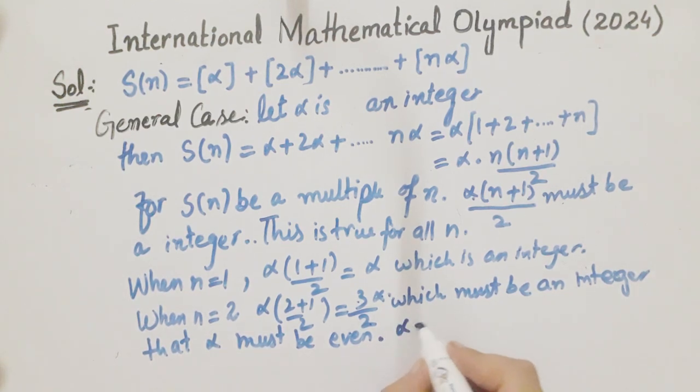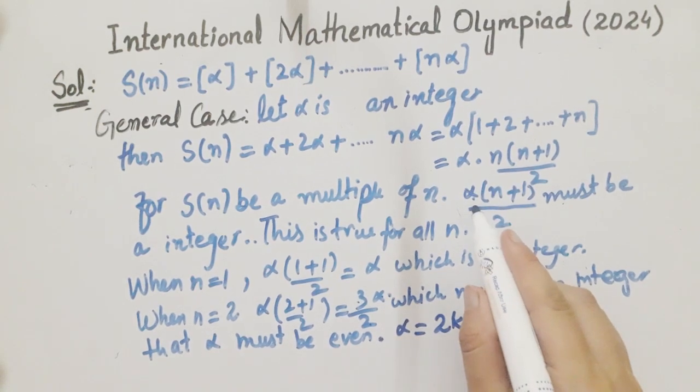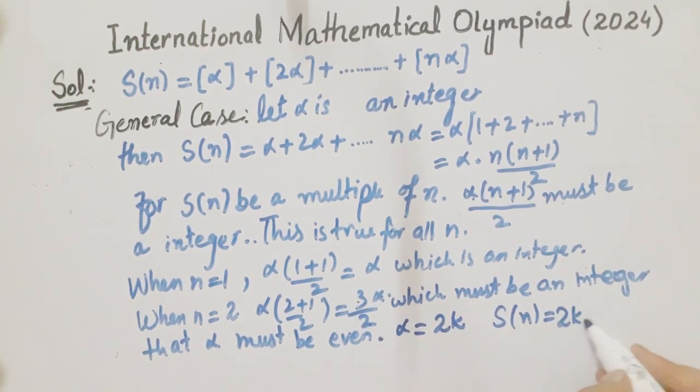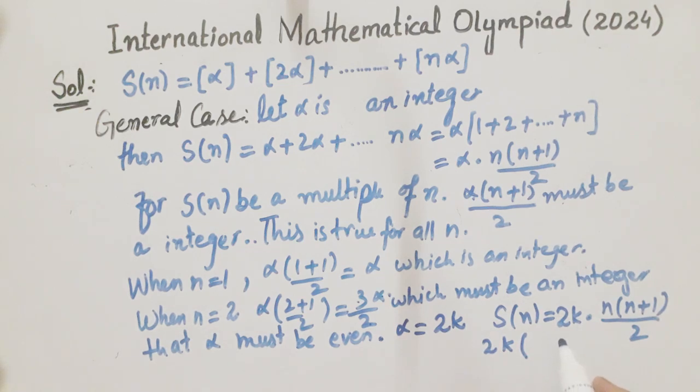Let's suppose alpha is equal to 2k. Then we get S of n is equal to, in place of alpha, we put 2k into n plus 1 divided by 2. So this will become 2k into n plus 1 by 2, which is equal to k times n plus 1.